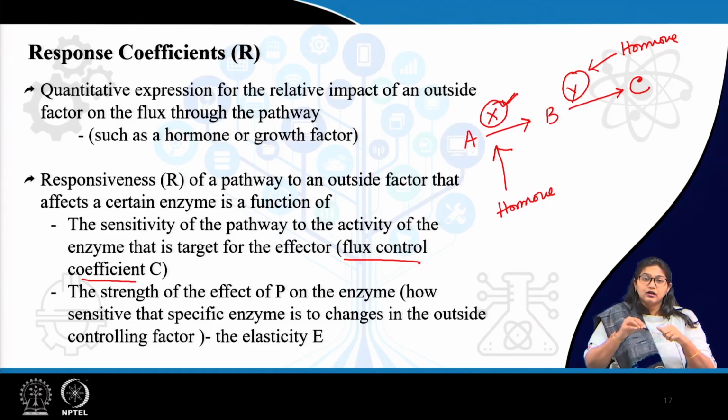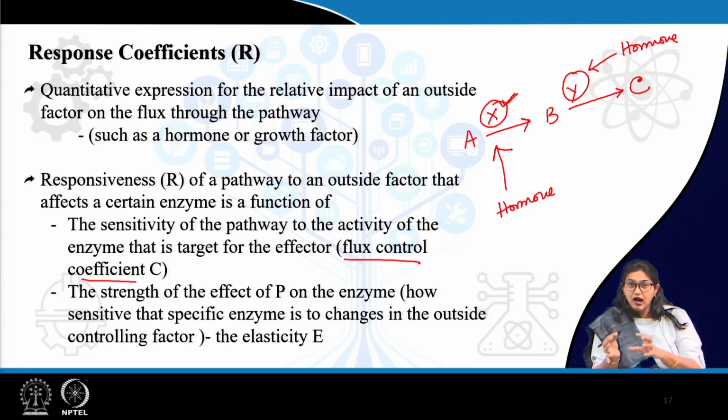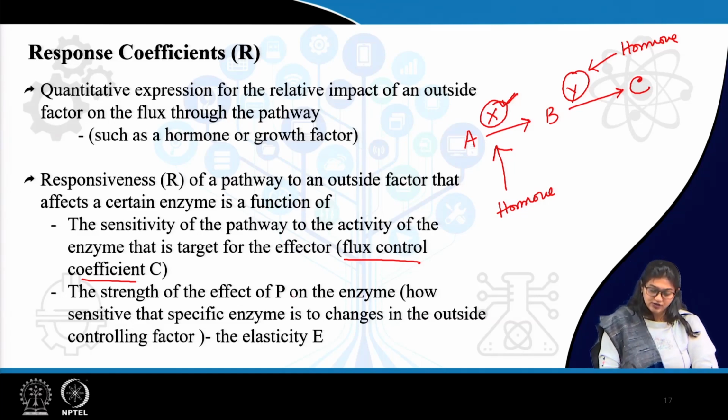Similarly, also we are talking about the elasticity of the enzyme. The external effector, which is denoted as P, how much impact it is imparting over the enzyme's activity, that is the internal intrinsic role of the enzyme, elasticity of the enzyme.